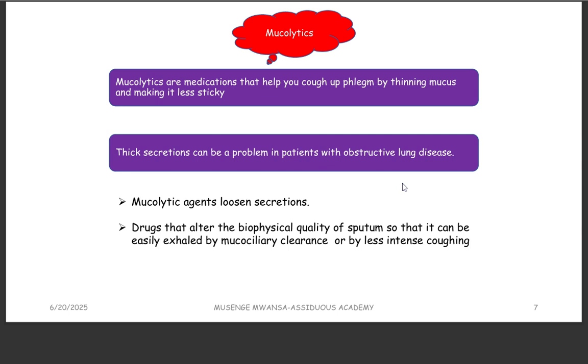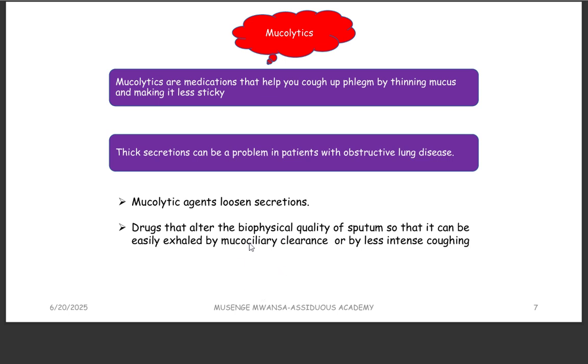For example, someone has got COPD, like emphysema and chronic bronchitis, or asthma. Already they have difficulties in breathing, and that mucus is going to even worsen it because it's also causing more obstruction. So mucolytics, these agents will be able to loosen the secretions so that they are not so thick.